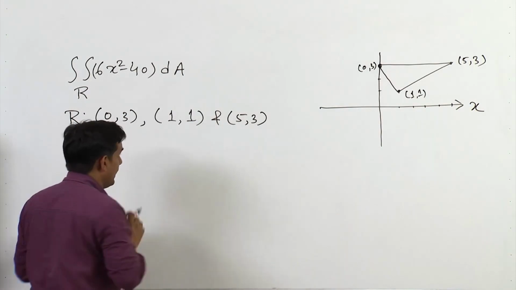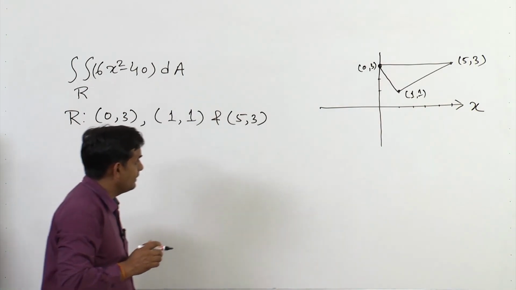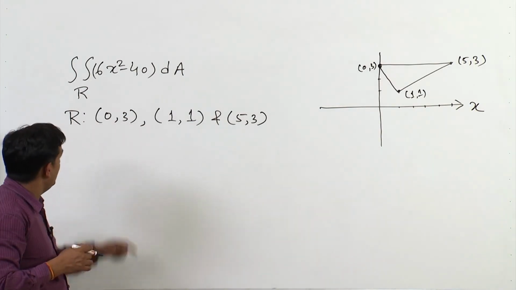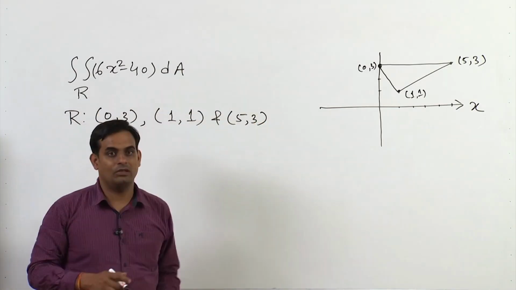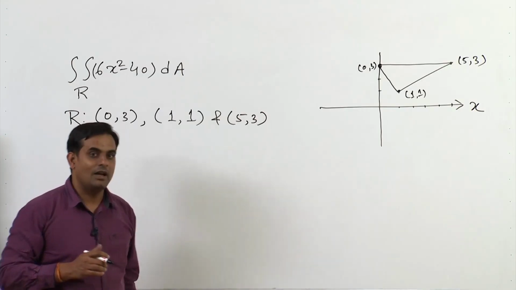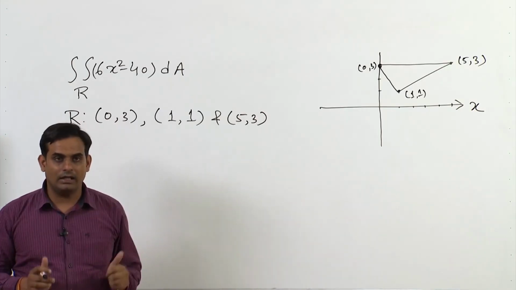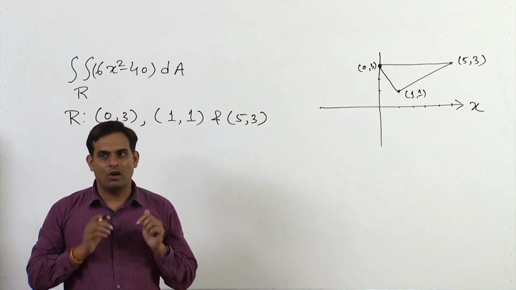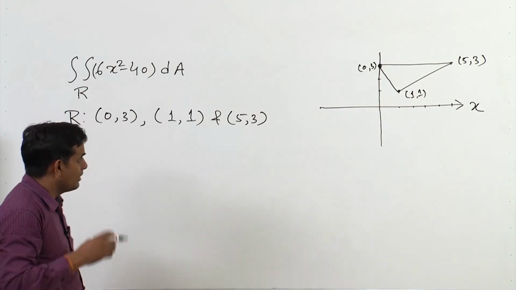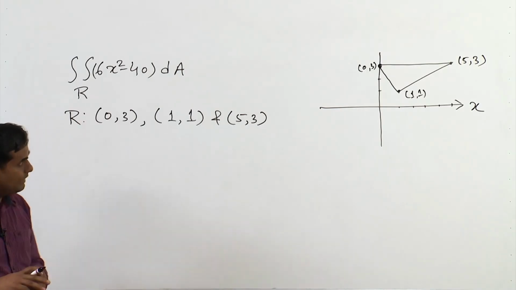Now I need to integrate over this region, and I can do it in two ways: one is by taking a vertical strip, and the other is by taking a horizontal strip.